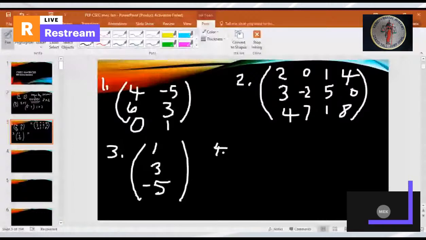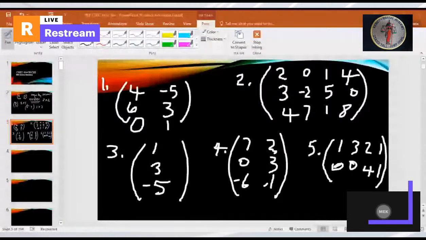Last one. All right, so there we go. We have 5 matrices.